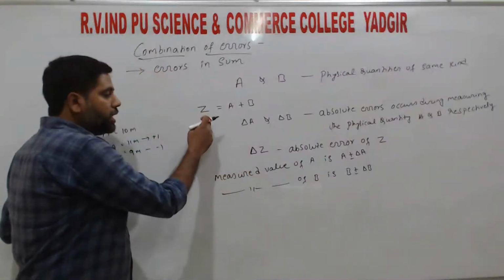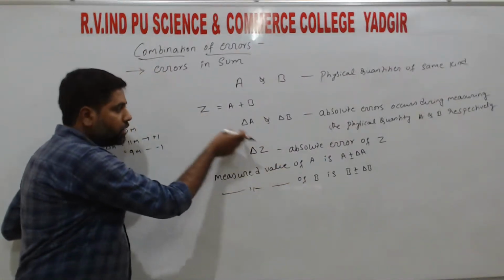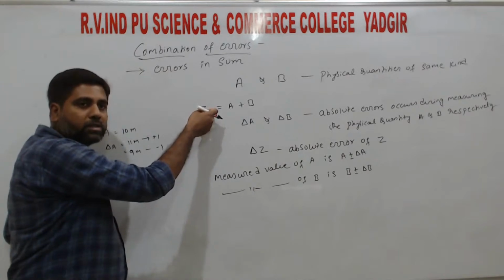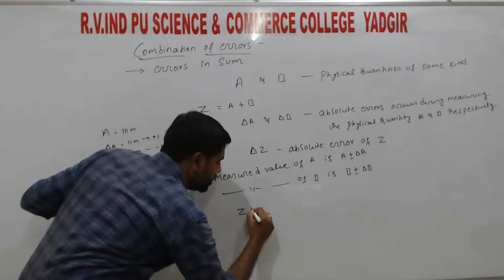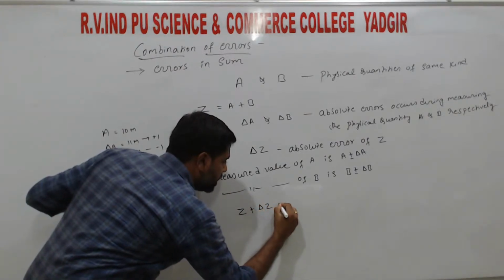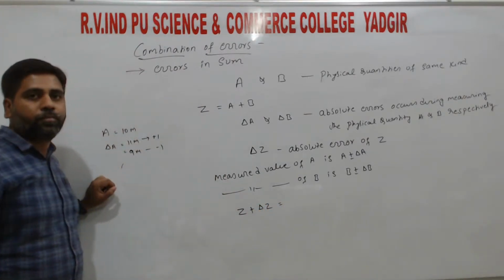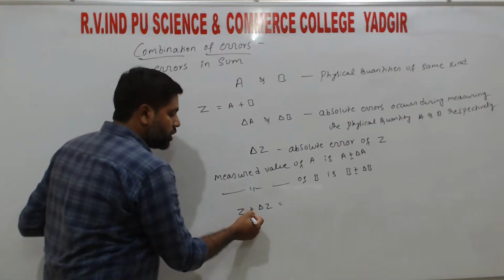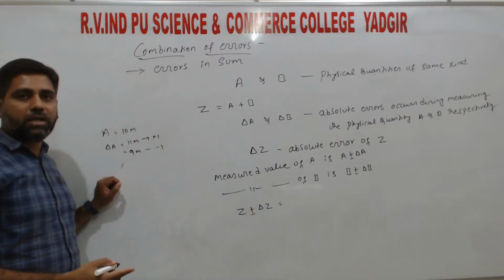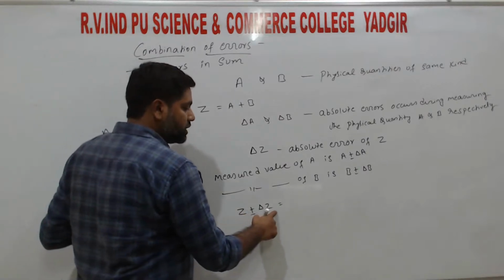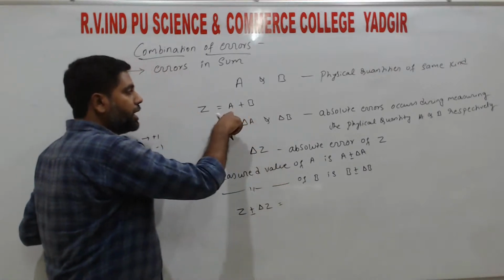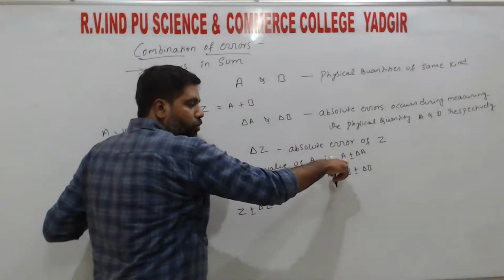So finally, since plus or minus value comes in both, we are going to measure Z, right? So we get the measured value Z plus delta Z, that is also plus or minus. So it can be plus delta Z or minus delta Z, right? So Z plus delta Z equals A plus B, that is measured values.